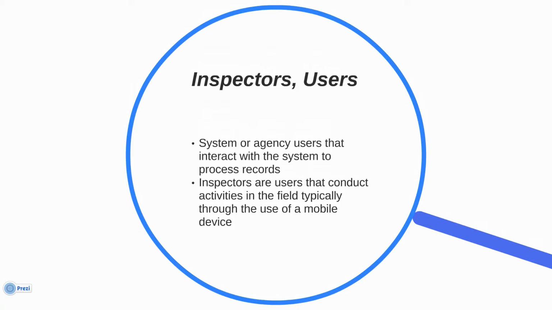Inspectors are the users that actually carry out those inspections in the field. Users are the more generic term; really anybody that has authenticated access to the system is considered a user. And those users may do processing such as signing off on workflow tasks, signing off on conditions of approval, applying conditions, applying payments, things of that nature.